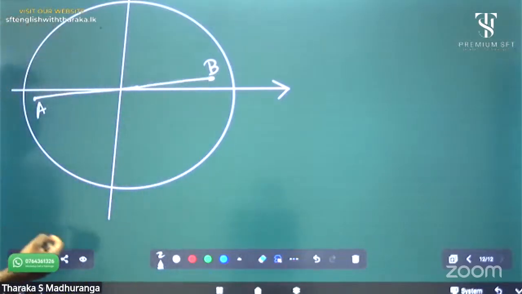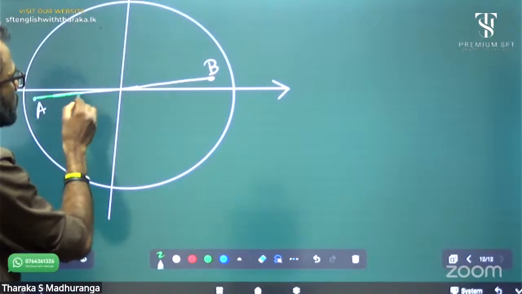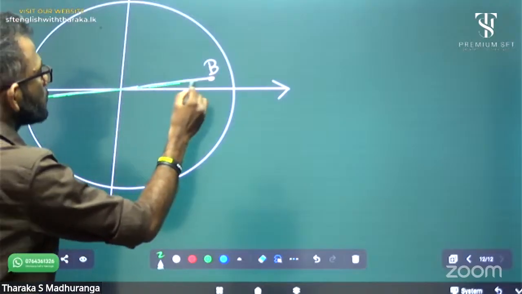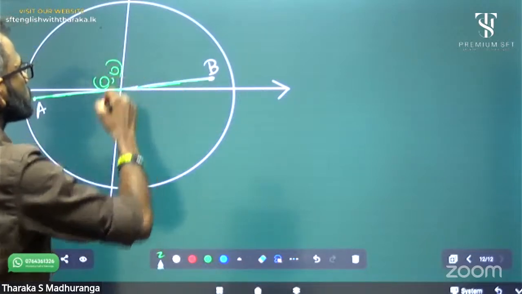Yes, this is a straight line. The green color one is a straight line. Its center, this is 0, comma 0. This is the center.